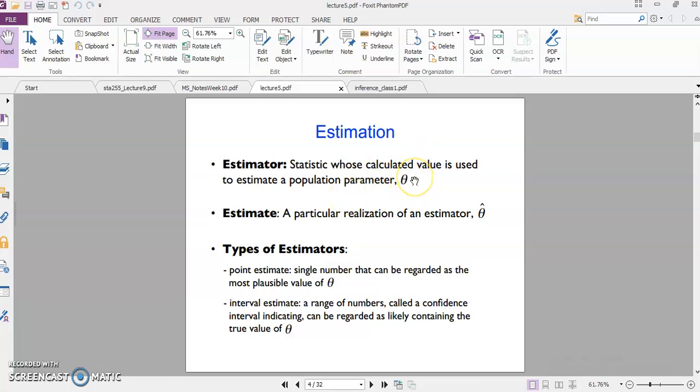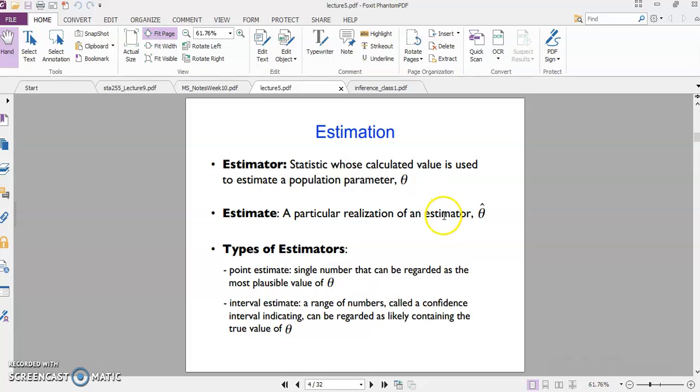Okay. So for T, the parameter is the mean, and for F, the population parameter is the standard deviation. Then the estimate. The estimate is the particular realization of that estimator, that is theta hat, the value of theta hat. So finally you arrive at a numerical value in a T statistic or an F statistic or chi-square also.